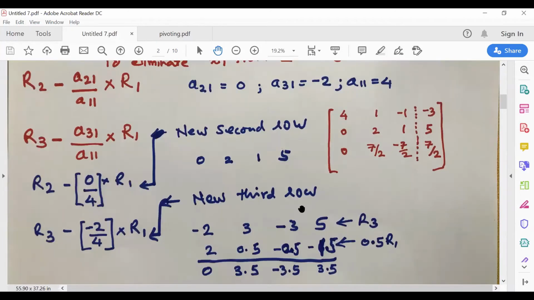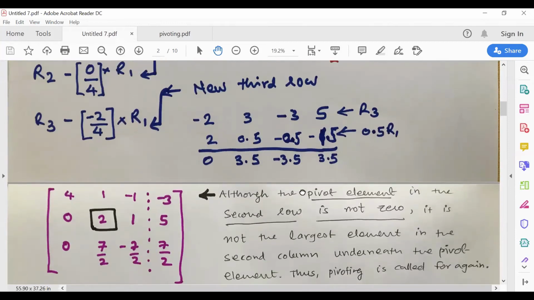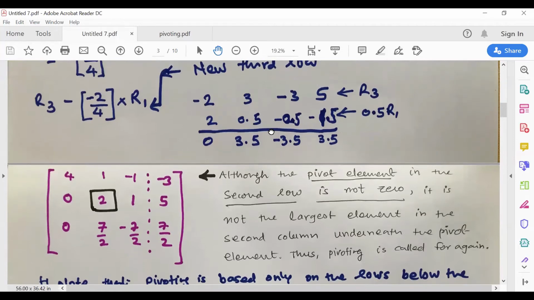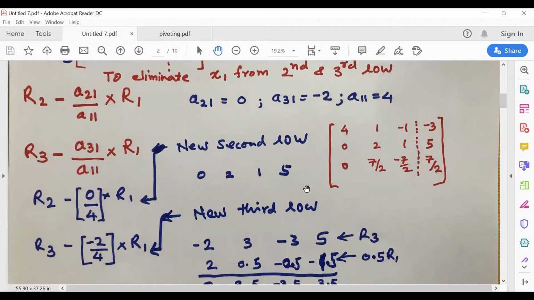Now again observe the matrix, whether pivoting is required or not required. Understand whether pivoting is required or not. Can someone say?